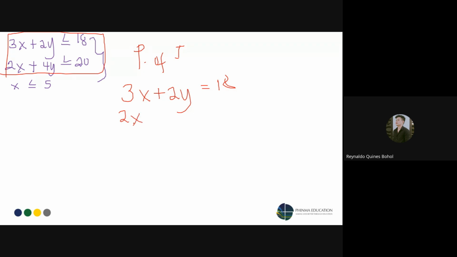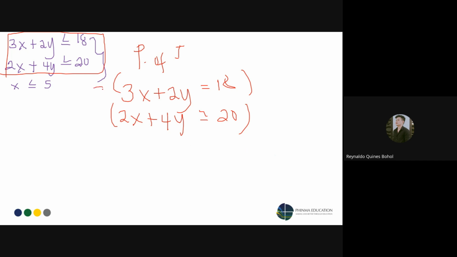And 2x plus 4y equals 20. So kahit anong gawin mo dyan, wala kang makakancel na variable. So anong gagawin mo dyan? Mag-multiply tayo both side para may isang variable na mag-i-equal sila.